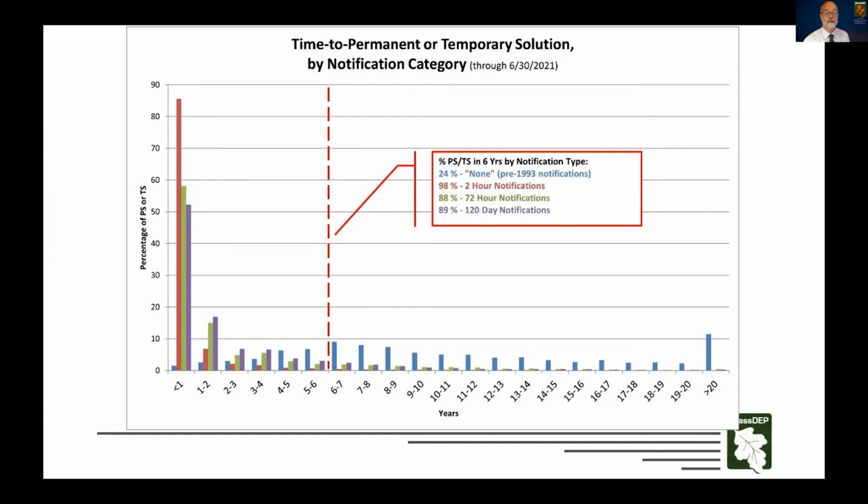But it's good to see that the 72-hour notifications, the underground storage tanks, the petroleum sites, also have a relatively quick turnaround, and even the 120-day notifications, more than half of them get cleaned up within a year. And what we see going out into the long term are a handful of the 72 and 120-day notifications, but the ones that we see taking a long period of time, and that's partly because they've been in the system for a long time, are the old dogs of sites, the pre-93 sites, where we typically only heard about the worst sites, and those would be the more complicated, larger sites.